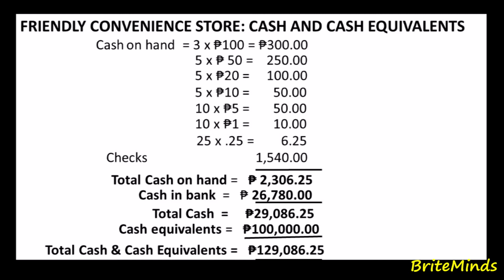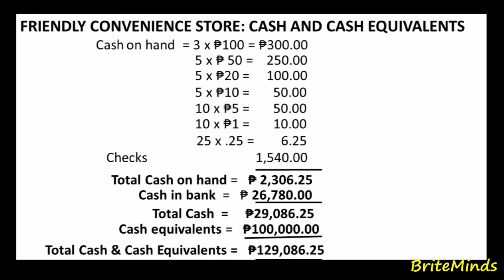And then we total the cash on hand and the cash in bank. Okay, so it amounts to 29,086 pesos and 25 centavos. So this is the total cash of Friendly Convenience Store.